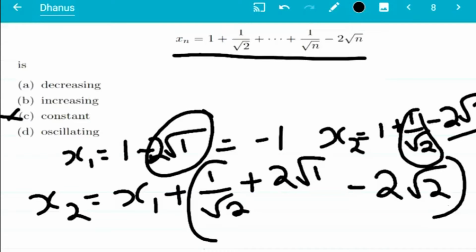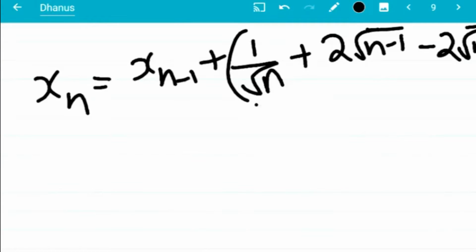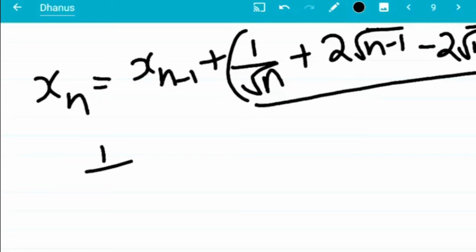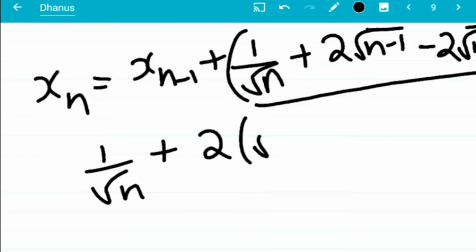We can check what we are adding to the last term. xn is found by adding something to xn minus 1. This value will be 1 by root n plus 2 into root n minus 1 minus root n.